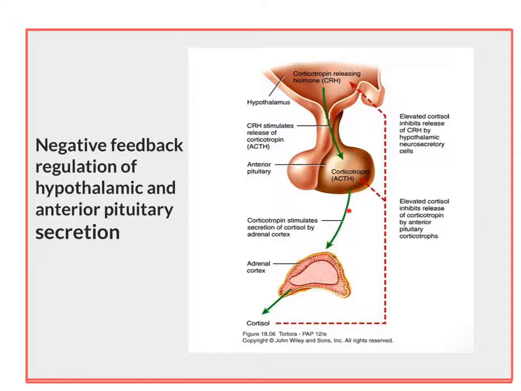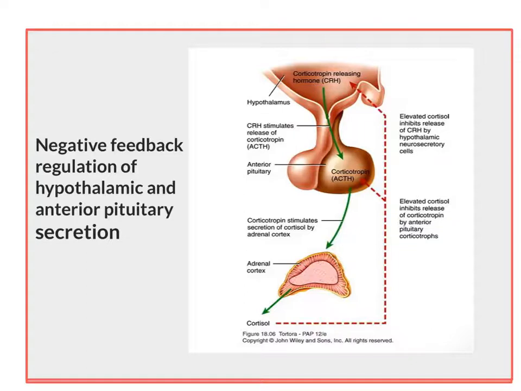This is then released into the bloodstream and allowed to work its action, which is stimulating the secretion of cortisol by the adrenal cortex. So it will travel in the blood to the adrenal cortex, where it will cause the release of cortisol, as long as corticotropin releasing hormone is being secreted. So this is going to go in this direction.